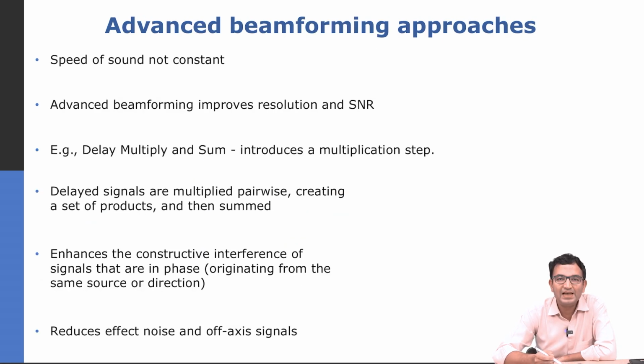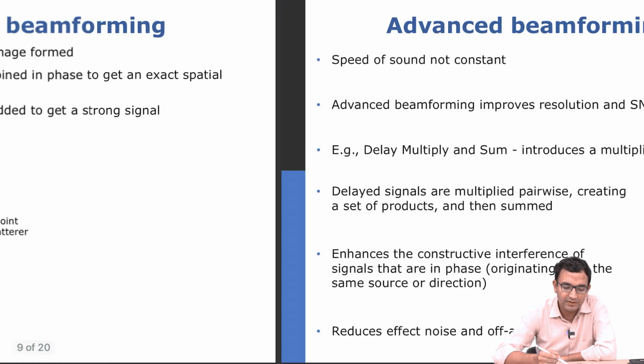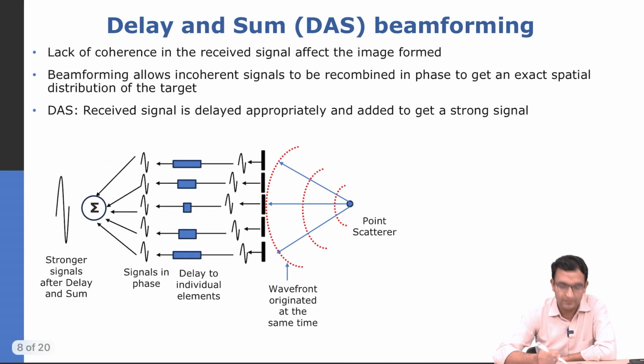It turns out that delay and sum is not the only beamforming approach. There are several other advanced beamforming approaches as well. The challenge with delay and sum is it uses geometry. It just computes the extra distance that is to be traveled for the signal to reach a particular element relative to the center element.